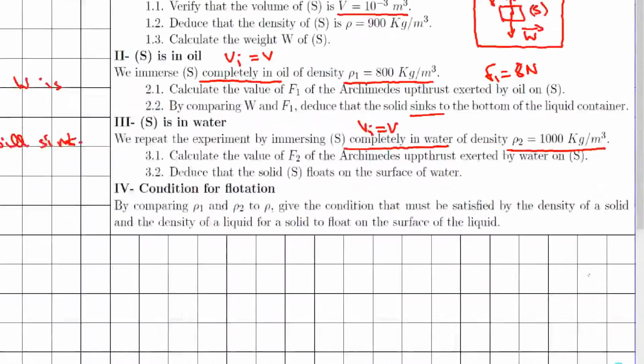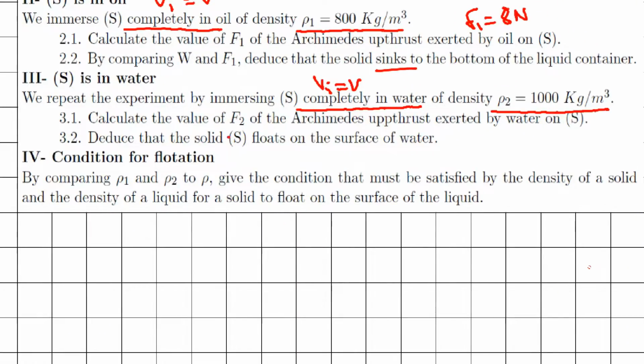So what are the methods in order to calculate the value of F? The first one that comes to our mind is the real weight minus the apparent weight, but we don't know the value of the apparent weight, so we cannot use this method. The second method is the condition of equilibrium, which is W plus F2 is equal to 0 vector.